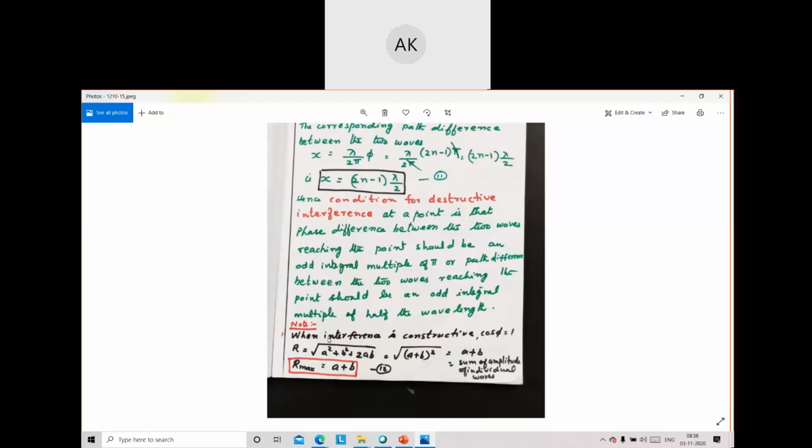So when interference is constructive, the amplitude is maximum. It will be the sum of the amplitudes of the two individual waves: one crest and the second crest superimpose, we get a greater crest. R max is a plus b.